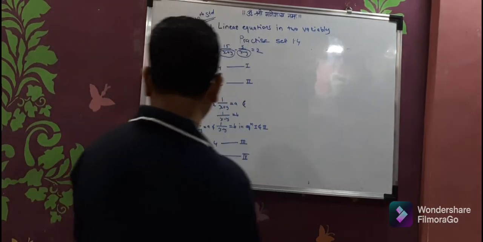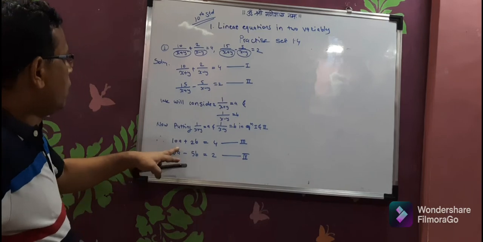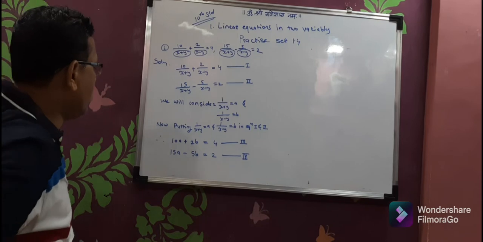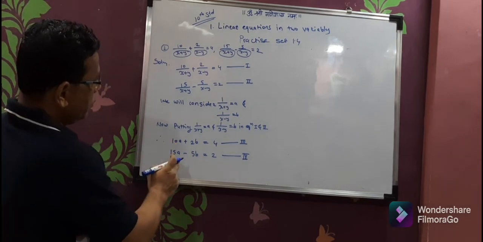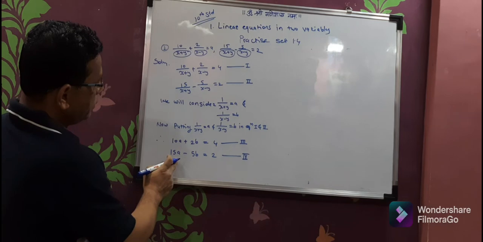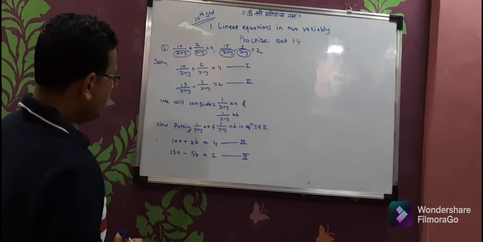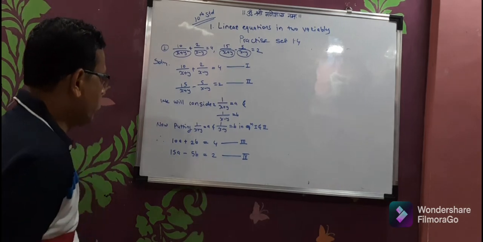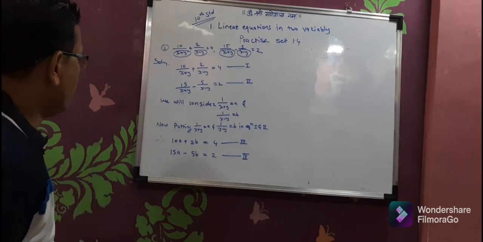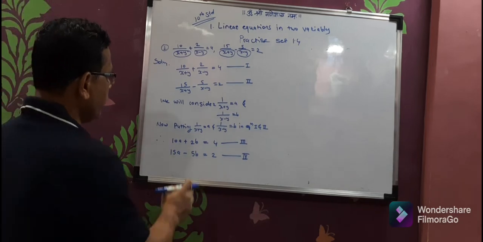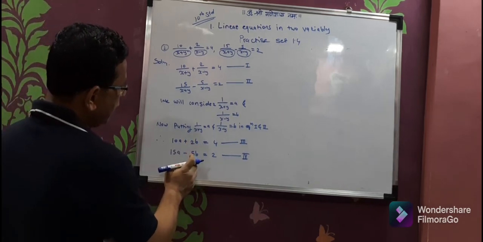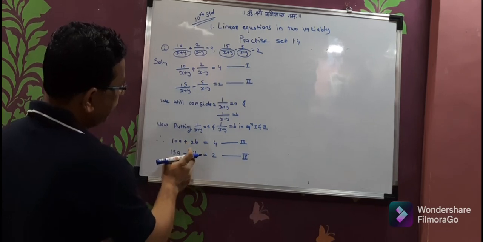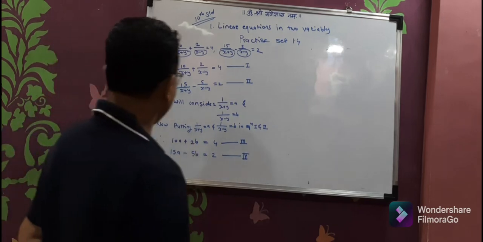Now what do we have to do? We have to eliminate either a or b to get the value of a or b. Here we have 10a, 15a, 2b and 5b. So we have to multiply both equations by a common figure. We will multiply the first equation by 5 and the second by 2, so that 5 2s are 10 and 2 5s are 10.